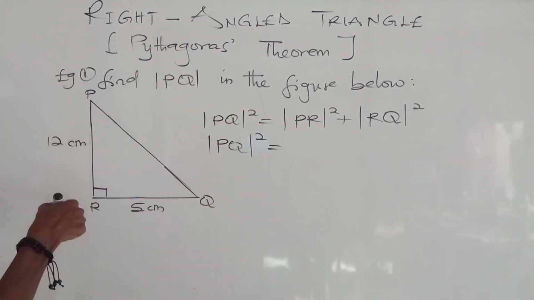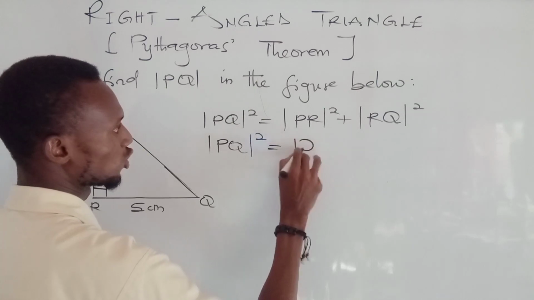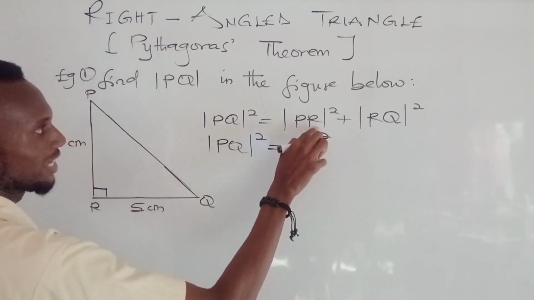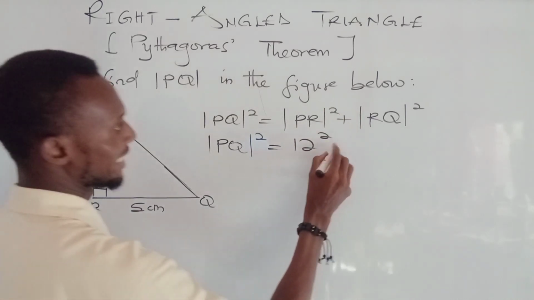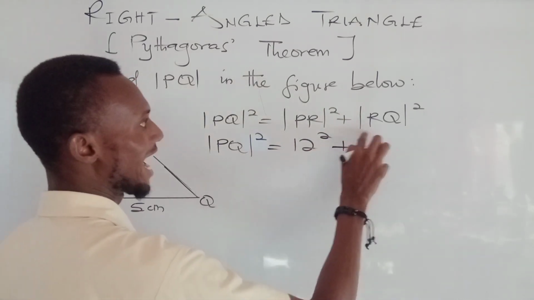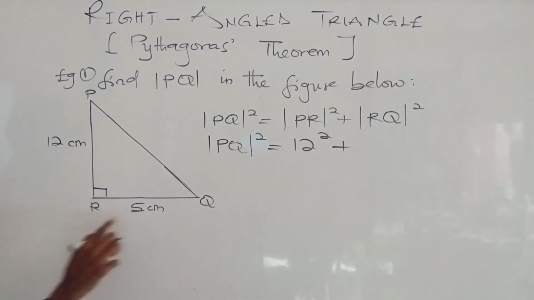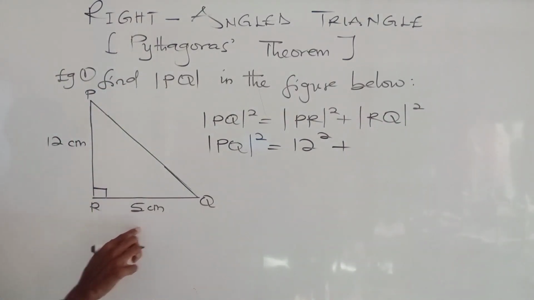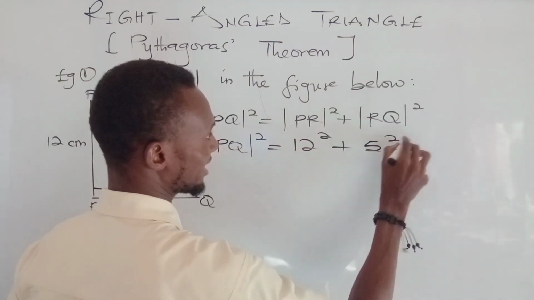PR is given to be 12 centimeters, so I'm going to write my 12 squared. Line PR is 12, and you bring the square, then plus my line RQ squared. RQ has been given to be 5 centimeters, so you bring your 5 there and you bring your square, which is here.